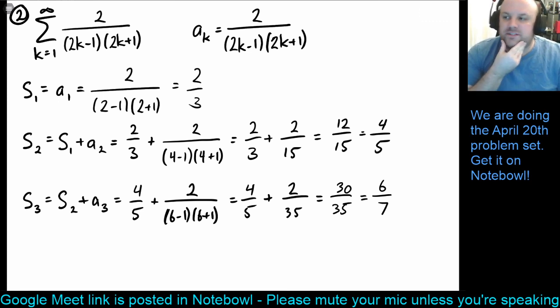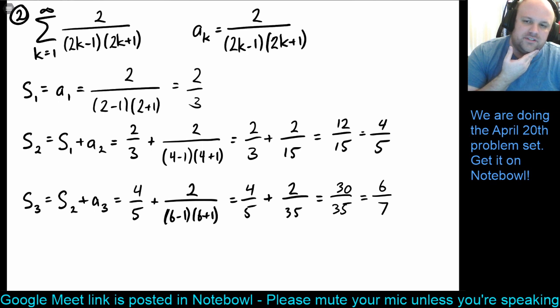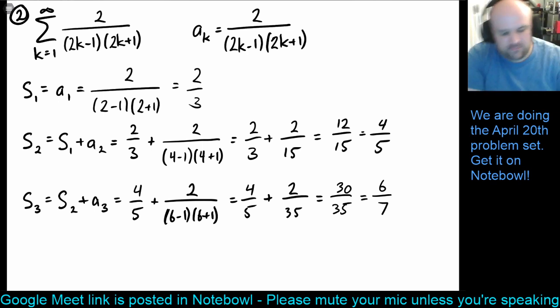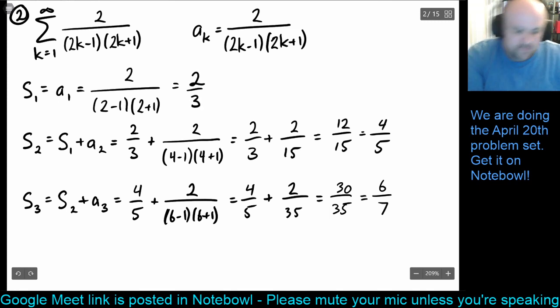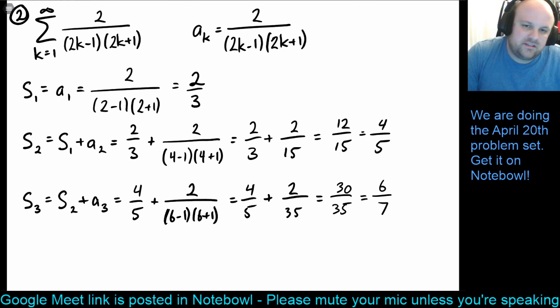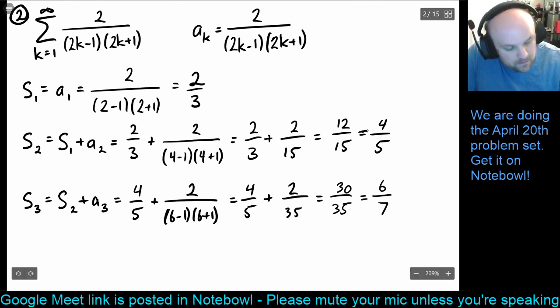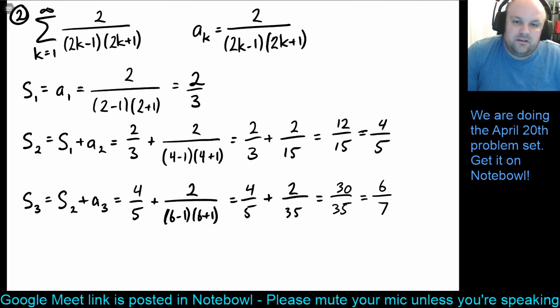All right, so if we look at this, do you see any kind of pattern showing up so far? See if you can come up with any kind of guess as to what's going on here. It might help to look at the tops of these fractions and see how those are changing.